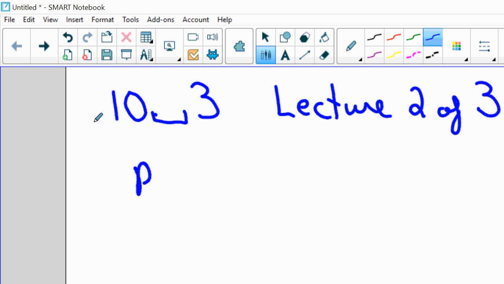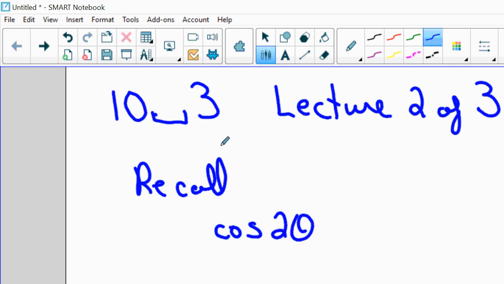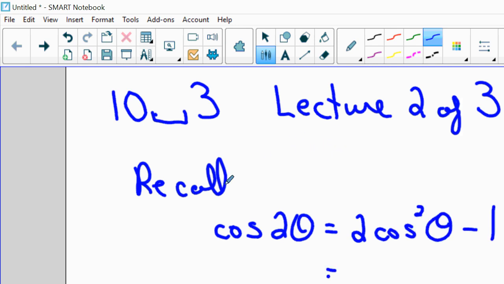Recall, cosine of 2 theta is 2 cosine squared theta minus 1, and it's also 1 minus 2 sine squared theta.